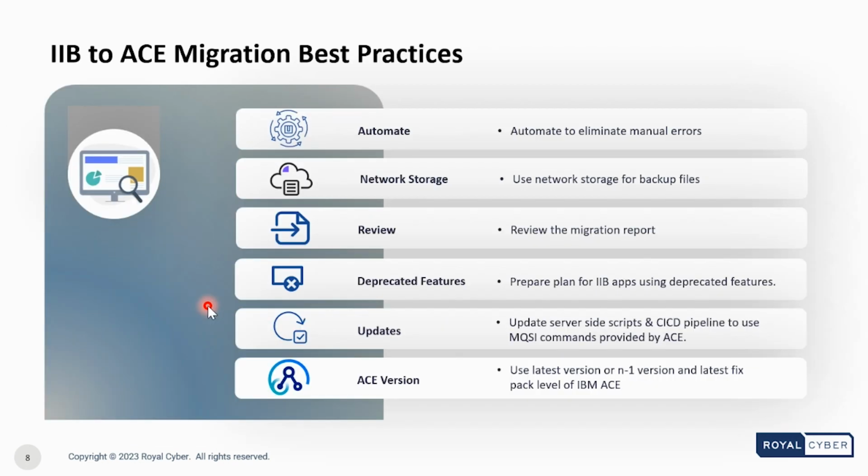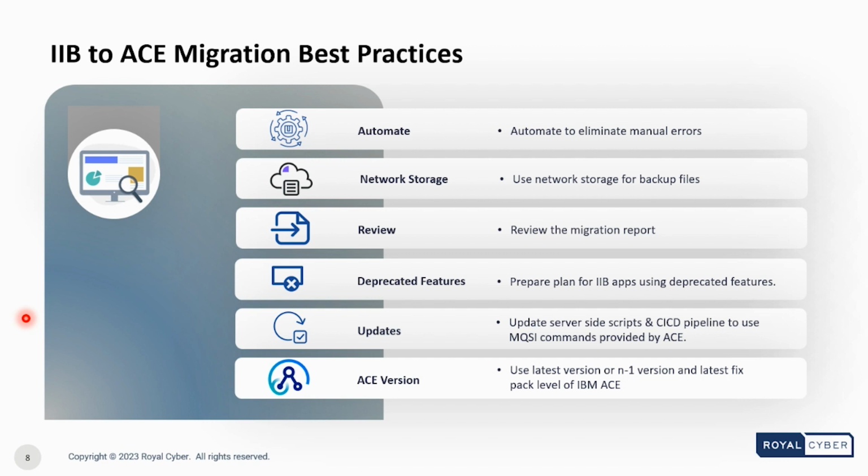Now, what are some of the best practices? We have seen the patterns, but what are really the best practices? Number one, we would say, based on expertise, is automate the process of migration as much as possible. It helps you eliminate the manual errors induced due to the manual operations.